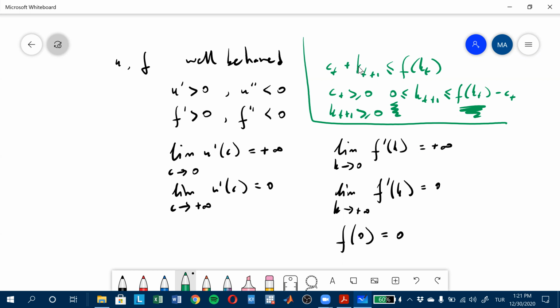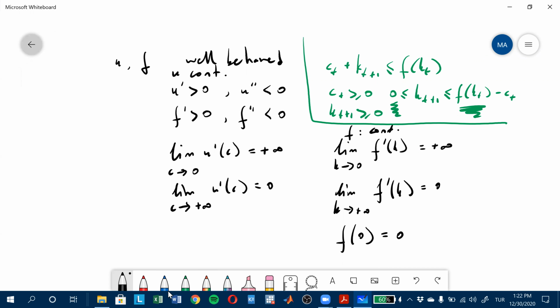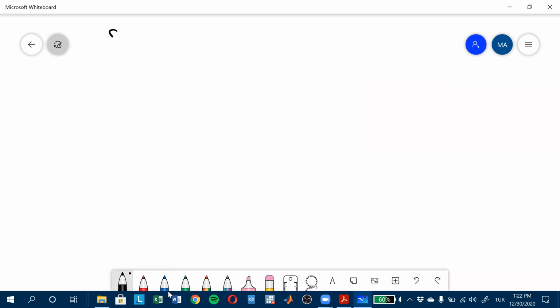You may always, of course, express the problem by eliminating C. And by the way, we are assuming that U and F are continuous. It's pretty obvious, but we assume that they are continuous functions. So the only thing for now that you can do, in the sequence approach, is to write the Lagrangian.